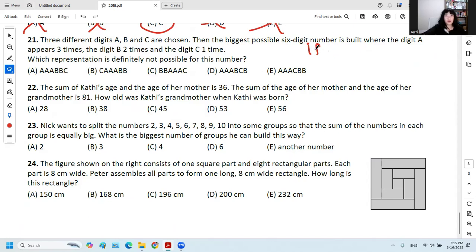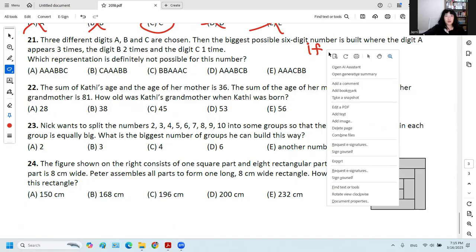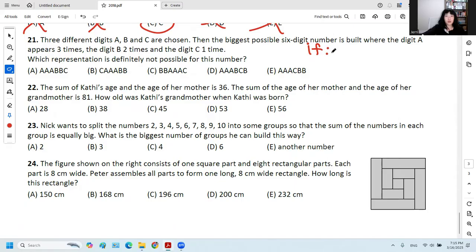If A is the biggest, if A is bigger than B, and B is bigger than C, then that would be AAABBC. That is an option.